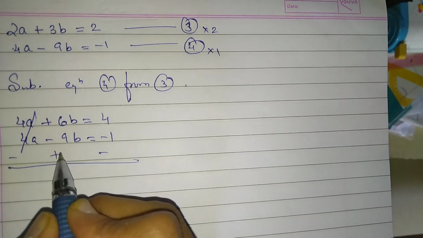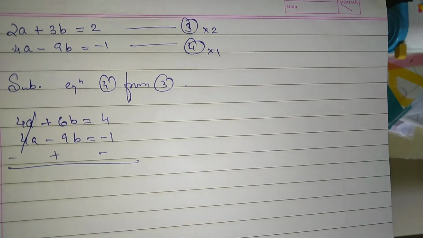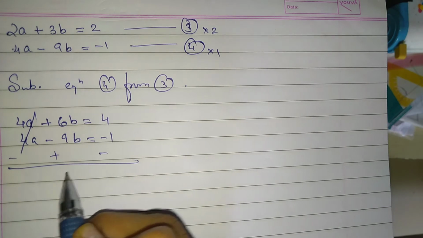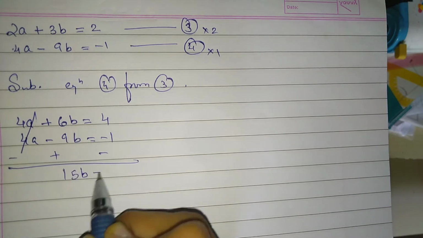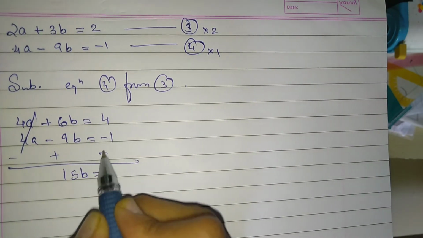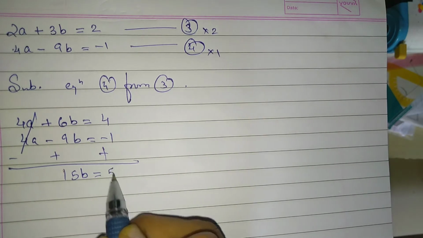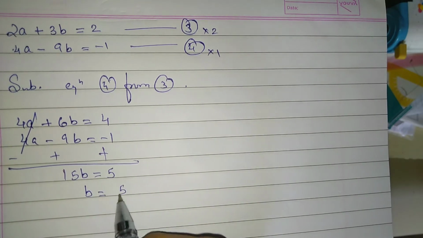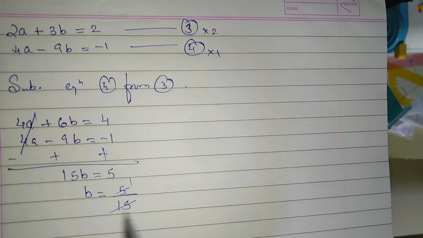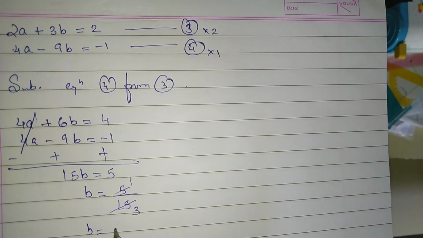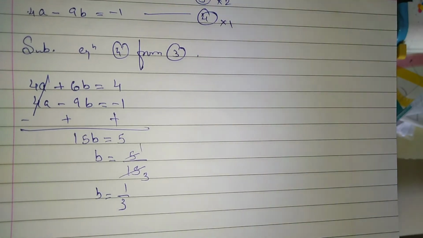Plus 6 plus 9, which is 15b equal to 4 plus 1 is 5. So b equal to 5 upon 15. So b equal to 1 upon 3.